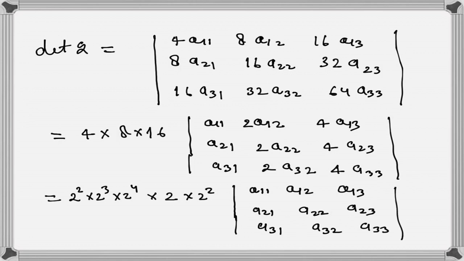Okay, so this is the determinant of P, right? 2 to the power 2+3+5+... that is 2 to the power 12 into determinant of P, and we know that determinant of P is 2. So determinant of Q is equals to 2 to the power 12 into determinant of P, which is 2, equals to 2 to the power 13. So this is the final answer.